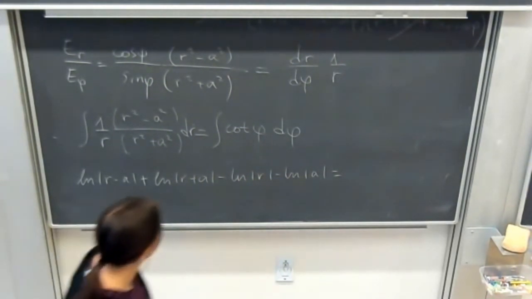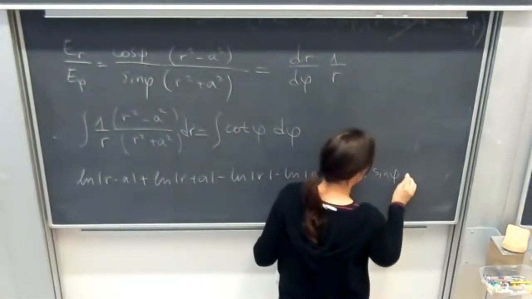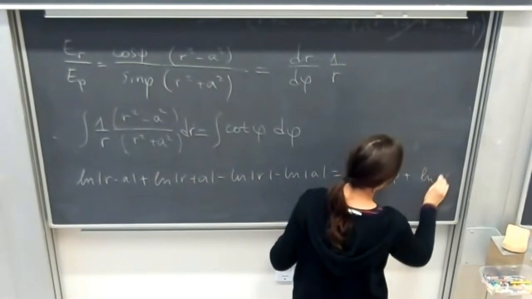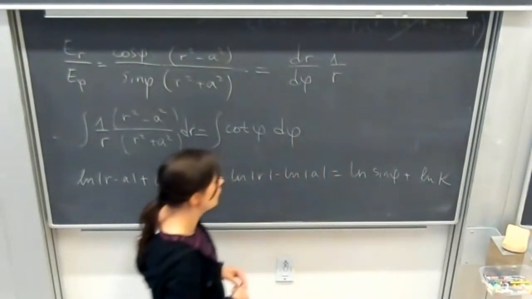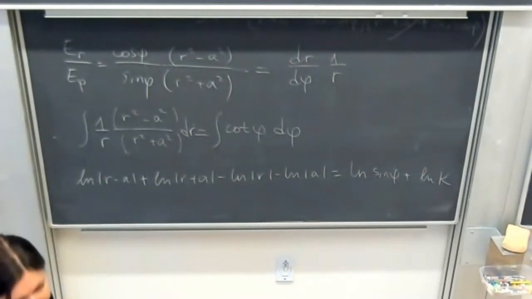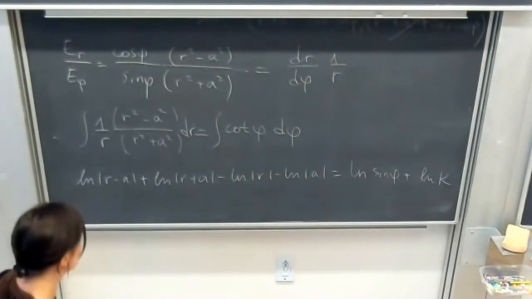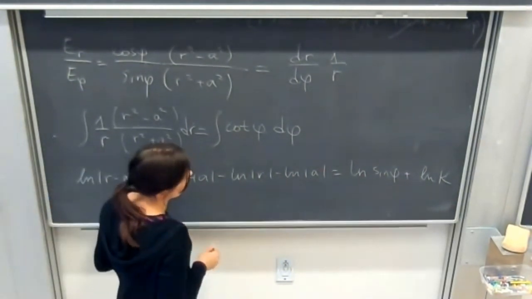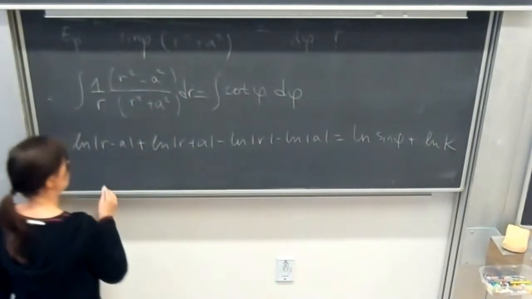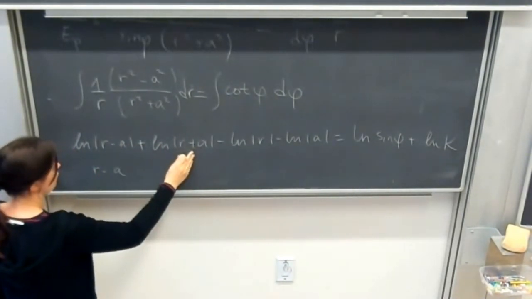natural logarithm of sine plus proportionality constant k. The integration constant k. So that's it. So there are two.